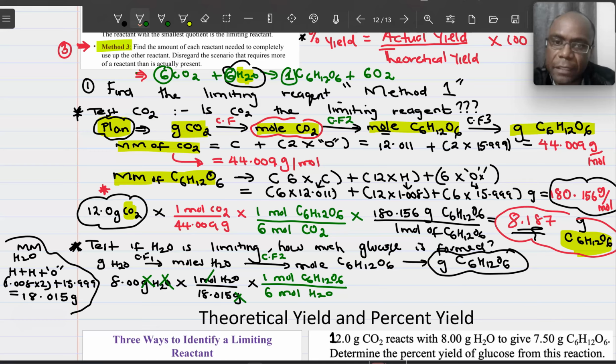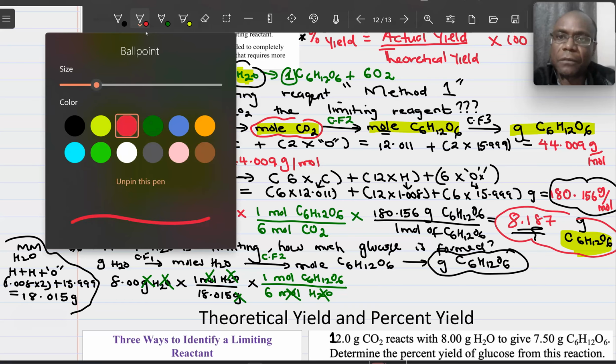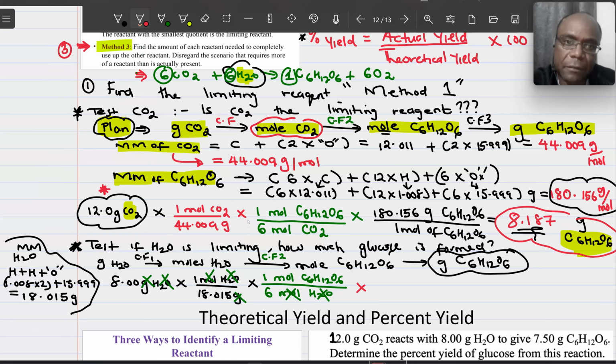Then you'll see here moles of water will cancel. Our answer here will read, after punching in the numbers, X moles of glucose, C6H12O6. But we want our answer in grams of glucose. So we use our third conversion factor, CF3. So we'll say 180.156 grams of glucose, C6H12O6, which is the molar mass we calculated before, is actually 1 mole of itself.